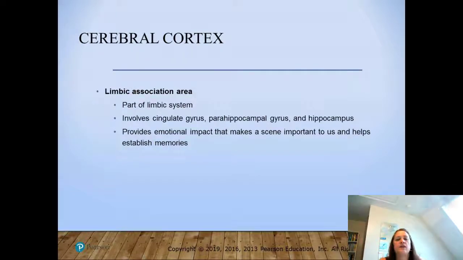The limbic system is really interesting because the limbic system would be our emotional brain, and it provides that emotional impact that makes it important to us. So if it doesn't provide that little boost, then we generally don't remember it. If we do remember it, it's because it was super happy or super sad or super exciting.